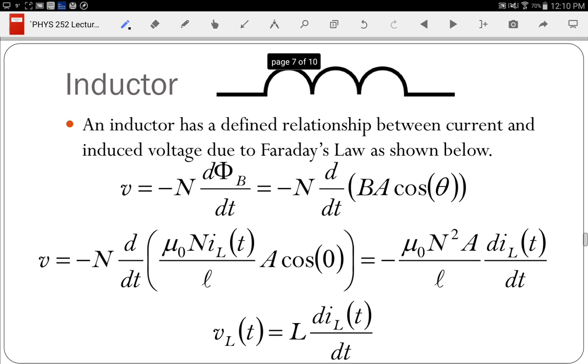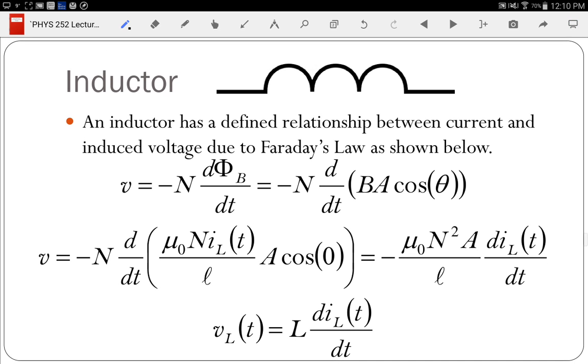So let's go to the inductor. Oh yeah, it's the inductor that I have the slide for the direction, the sign convention. For an inductor, we have Faraday's law of induction. Faraday's law said that the EMF induced was equal to minus N, we're in calculus class, derivative of magnetic flux with respect to time.